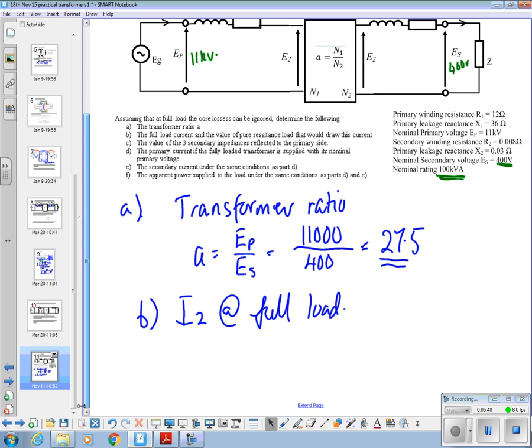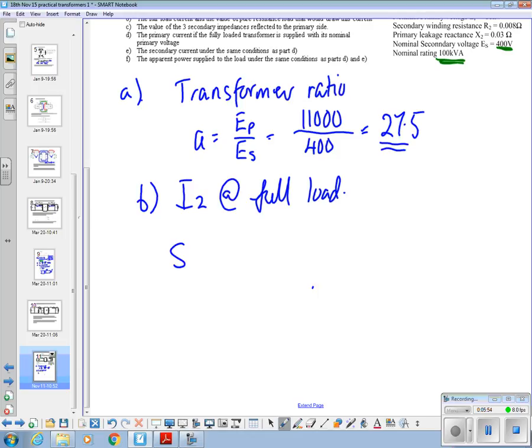So what we can do is say here, S is I2 E secondary, which rearranges to I2 is S over E secondary.